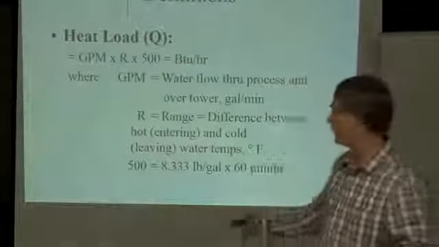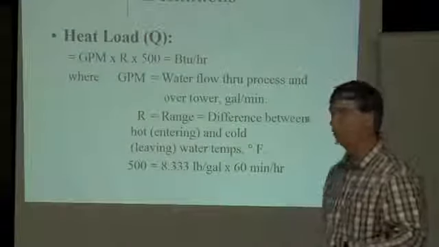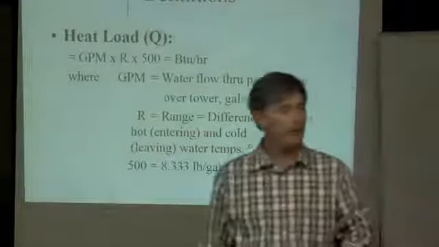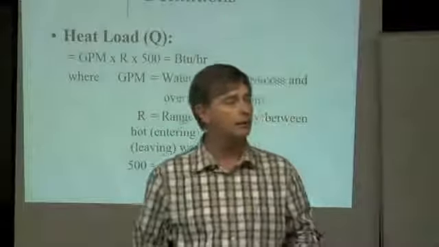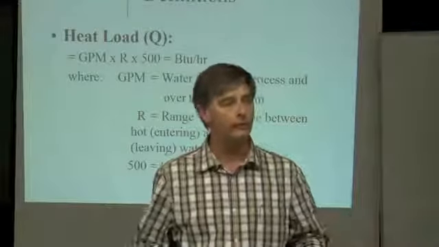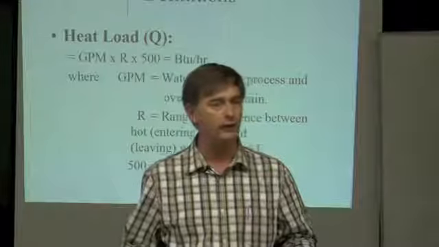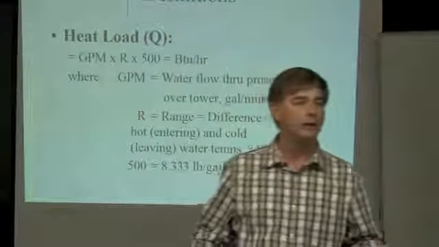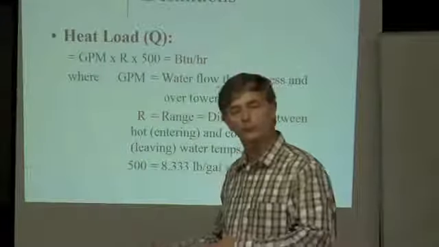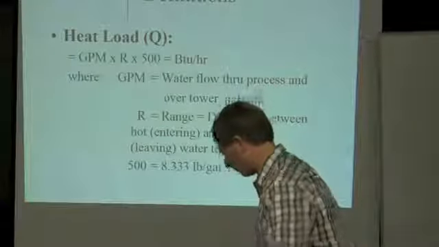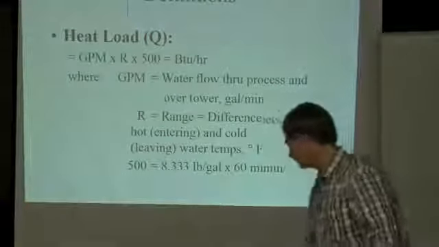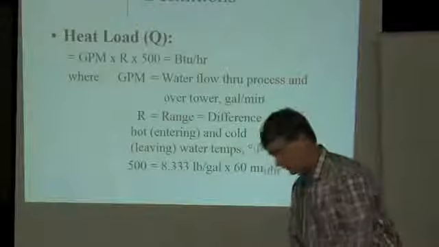If you want to apply that same formula to this side of the system, you can tell the performance of your tower. Now, if you look at the formula, it looks a little bit different from the formula that I passed out. However, it's basically the same.